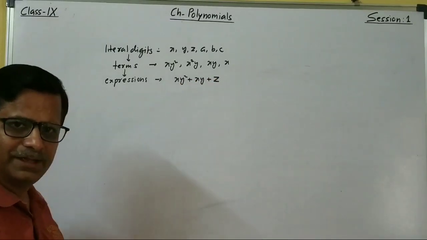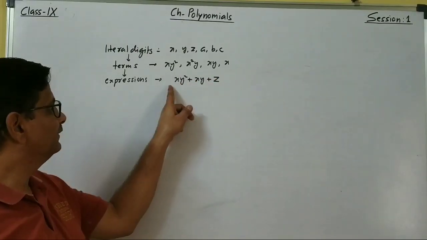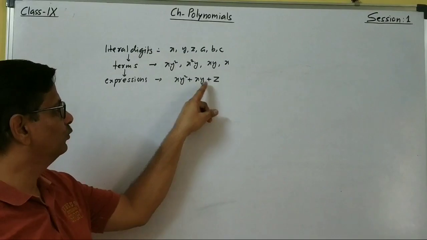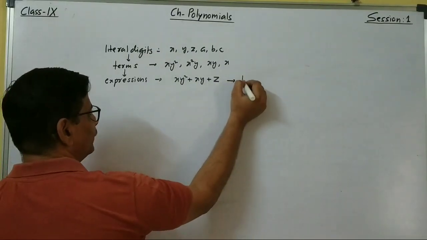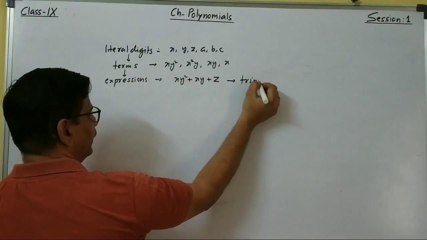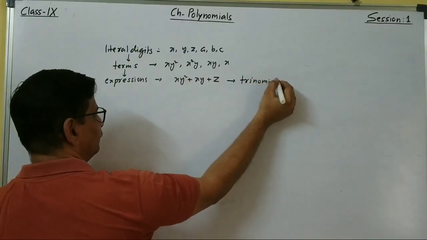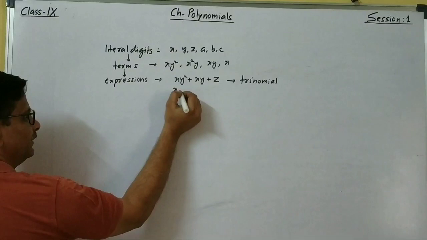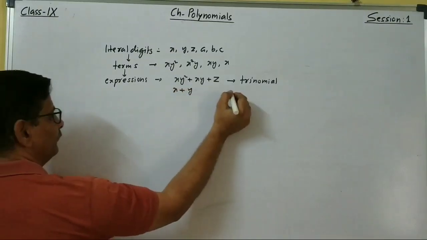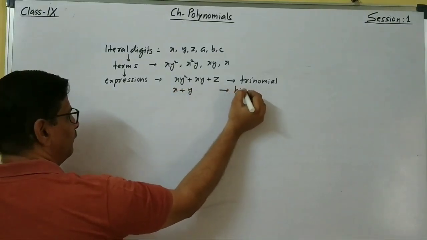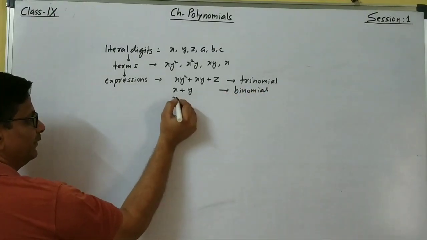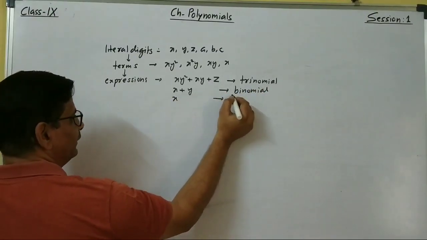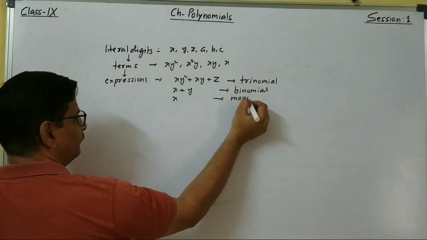It is an expression. In this expression there are three terms, and you call such expressions trinomial. If there are two terms in an expression like x plus y, they are called binomial. And if there is only one term in an expression, then it is called a monomial.